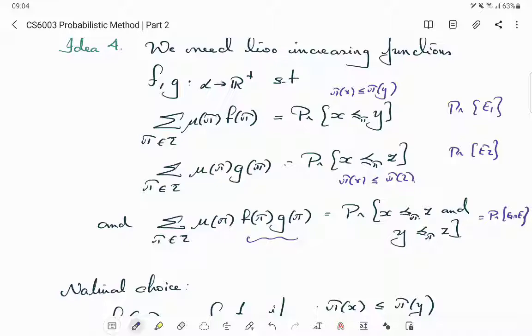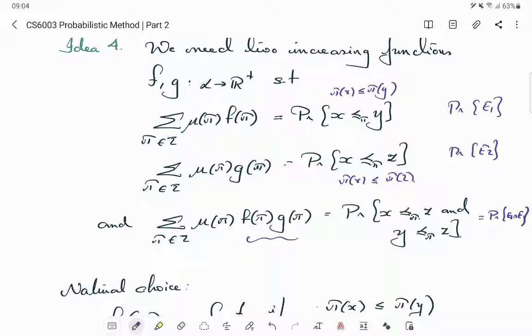So we have to now cook up two functions which will satisfy these conditions, and the functions have to be increasing. If you forget for a minute the requirement that these functions have to be increasing, if you haven't seen this before, this will look like a bit of a challenge. How do you find such functions?